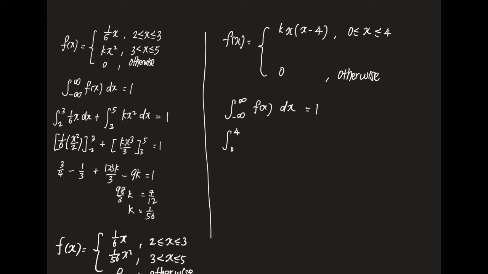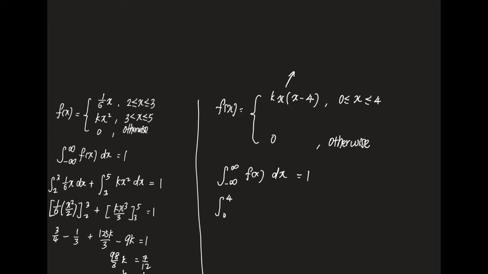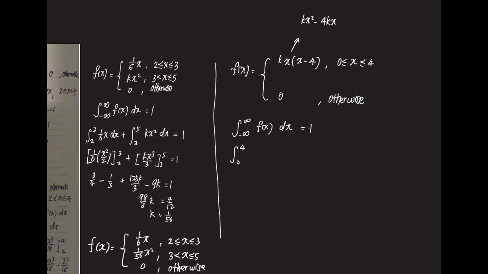I expand the function, kx squared minus 4kx. Then I integrate that: the integral of kx squared minus 4kx dx equal to 1. So it becomes kx cubed over 3 minus 4kx squared over 2, from 0 to 4, equal to 1.